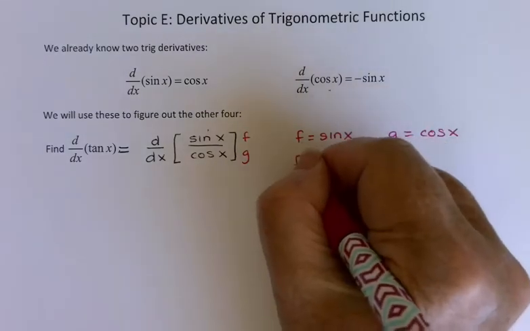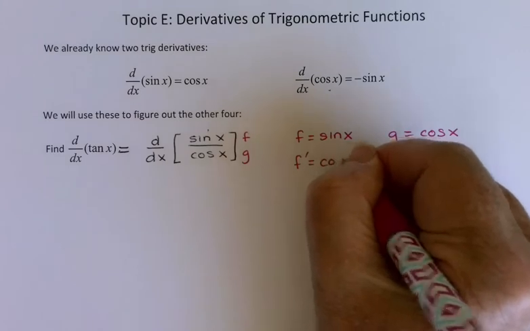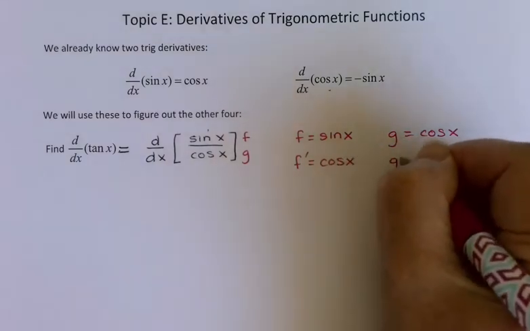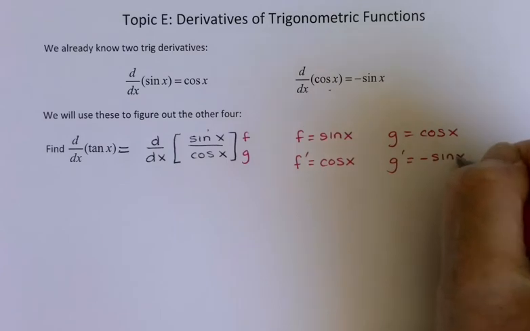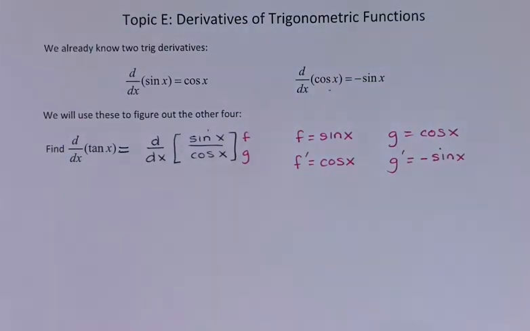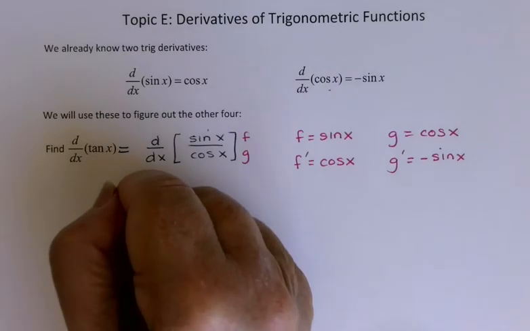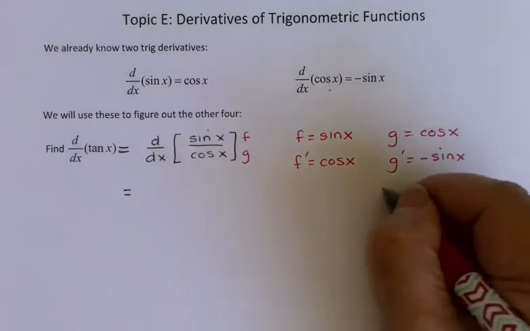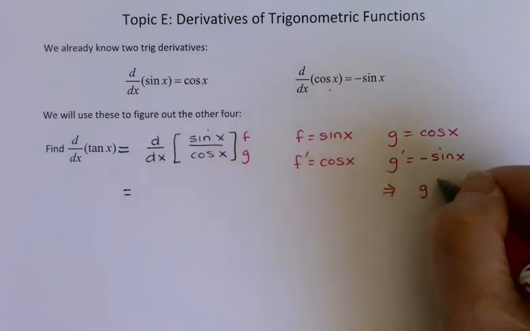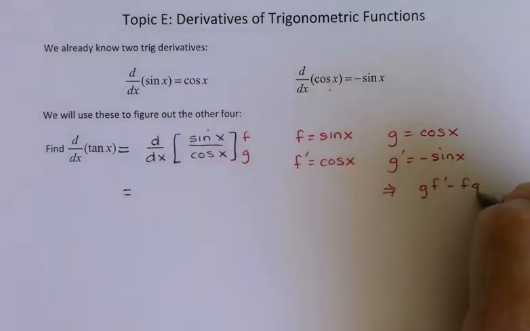So let's see, f prime would be cosine x, and g prime would be the opposite of sine x. Let me just remind you of the quotient rule off to the side here. I'm going to go with g f prime minus f g prime over g squared.